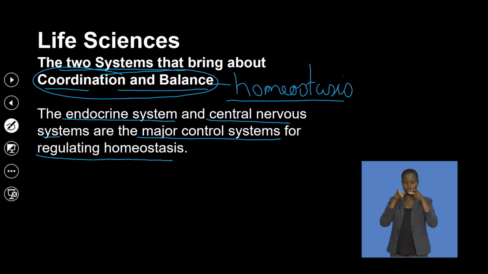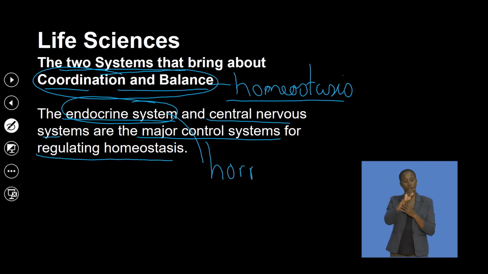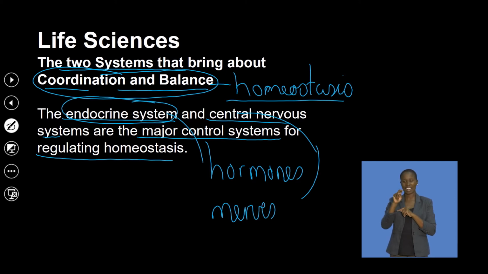Now, as I mentioned earlier on, the endocrine system is a system that works using hormones. And so we'll have to unpack what hormones are in a bit. And the nervous system is a system that uses nerve impulses, and these nerve impulses bring about what we call coordination.